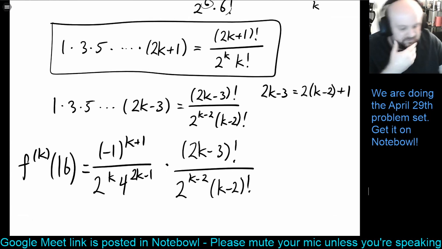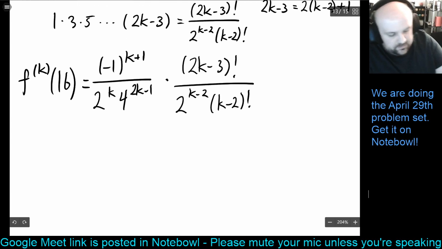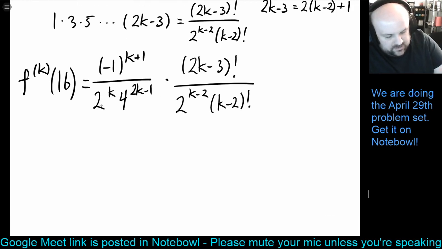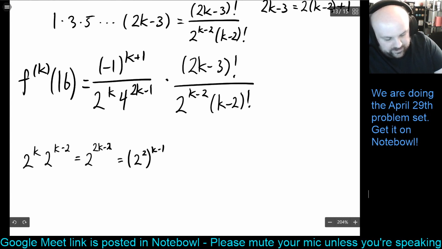Now there's some simplifications that happen here. So this stuff, 2 to the k and 2 to the 2k minus 2. So 2 to the k times 2 to the k minus 2. This is 2 to the 2k minus 1. Or sorry, minus 2. But something that's kind of nice is that this is 2 squared to the k minus 1.